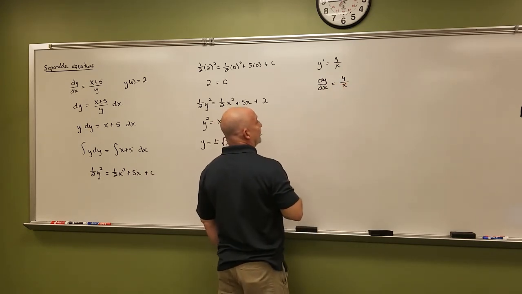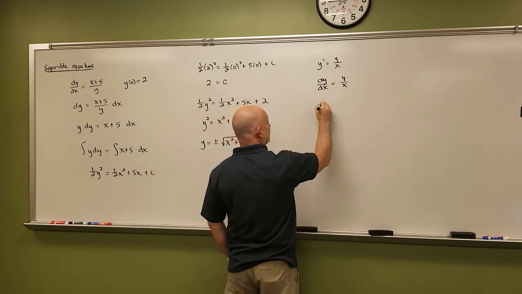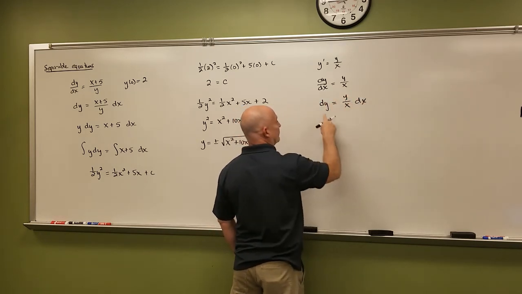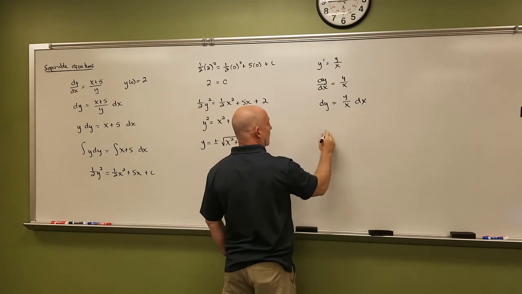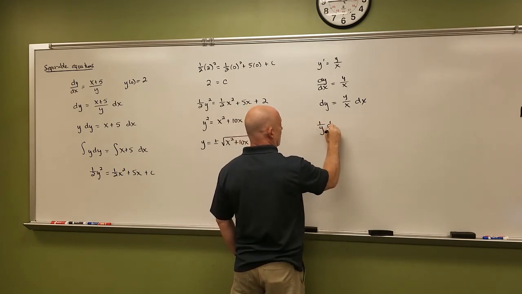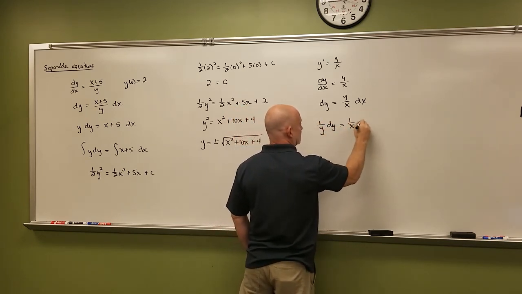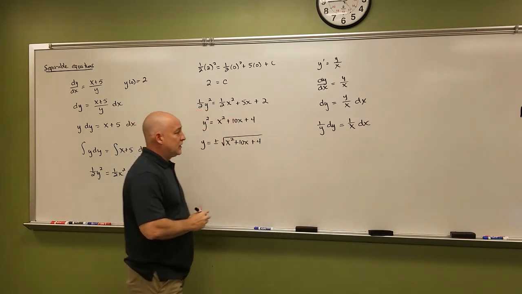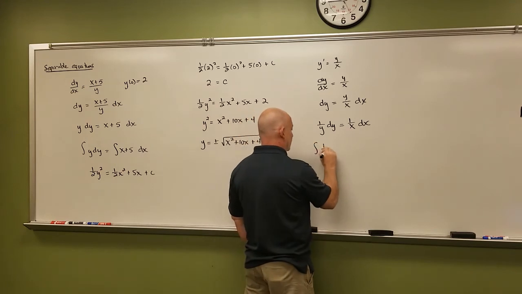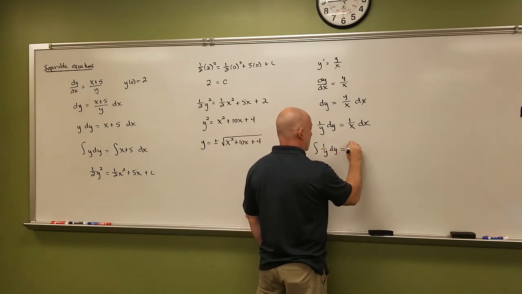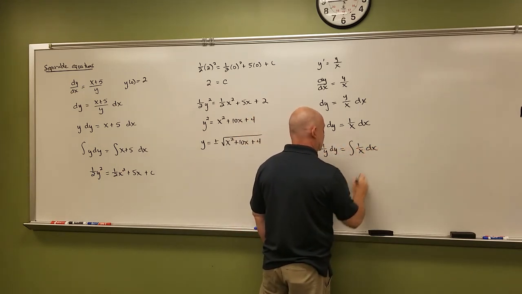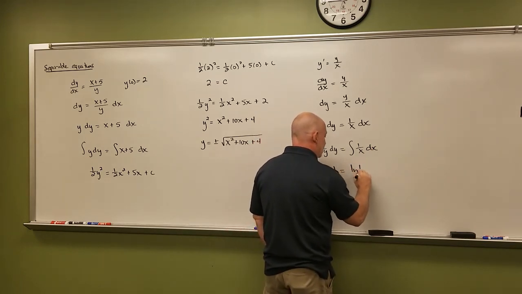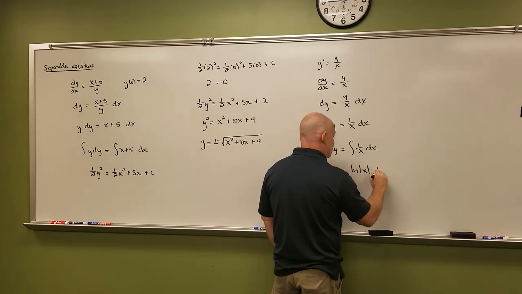If we're going to separate our variables, we generally let the derivatives lead the way. So we get dy equals y over x dx, which means I want the y's on the left and the x's on the right. To do that, I get 1 over y dy is equal to 1 over x dx. If we integrate both sides, these are pretty easy integrals, we end up with the natural log of the absolute value of y equals the natural log of the absolute value of x plus c.